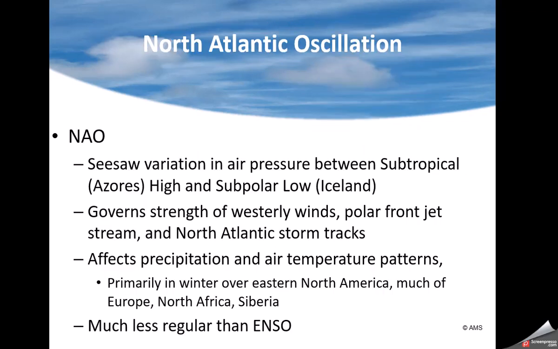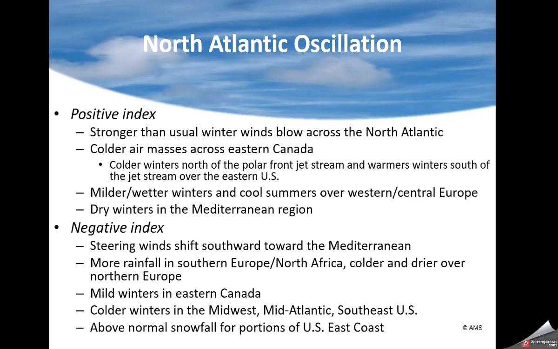North Atlantic oscillation is another one. It's a seesaw variation in air pressure between the subtropical or Atlantic high and the low that's typically over Iceland. When one is stronger than the other, normally it changes the flow pattern across the eastern half of the United States. And this can impact greatly whether we get precipitation and how cold the air is.